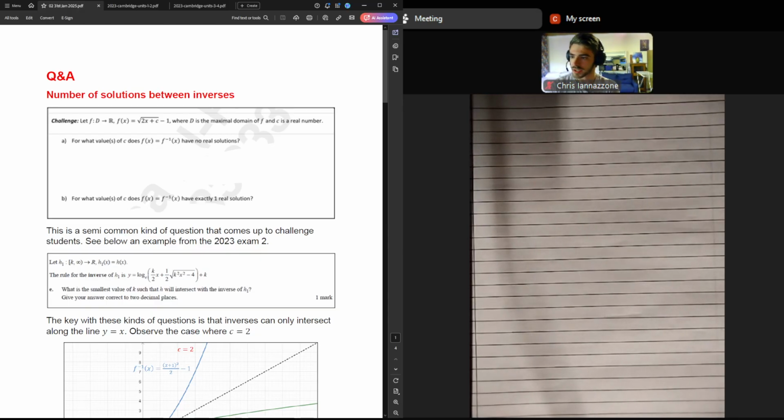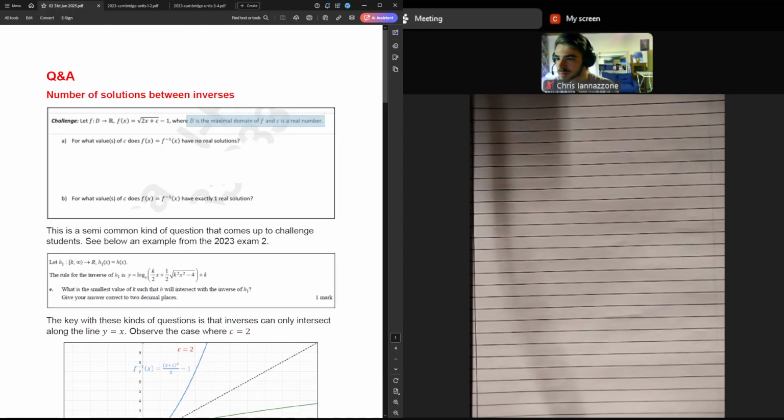So, one of the questions we had in the community was around this idea of finding the number of solutions between inverse functions. I believe this one specifically came from Jacaranda, and we were told that we had some square root graph with a plus c attached to the inside of the square root.